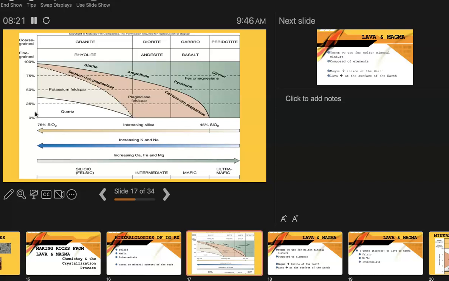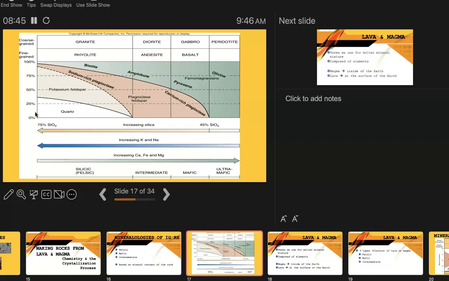So let's mentally sort of throw that up there for a minute. And what we're actually saying then is that felsic, I don't like saying silicic. It sounds kind of dirty. I don't know. Felsic igneous rocks are made up of some combination of biotite, orthoclase, albite, and quartz. Skip over to mafic for a minute.